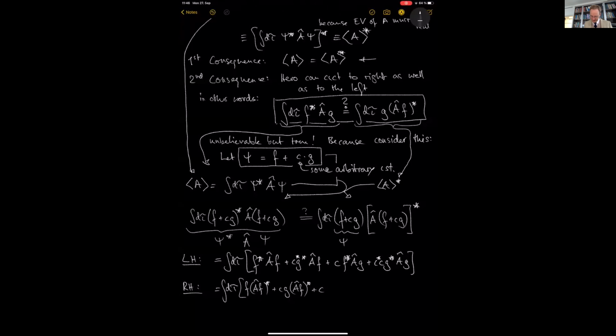So this is the complex conjugate C, then F from the left, then A acting on the remaining G complex conjugate. And then finally, again, the cross terms, C star, C, G, A acting on G complex conjugate. All right.